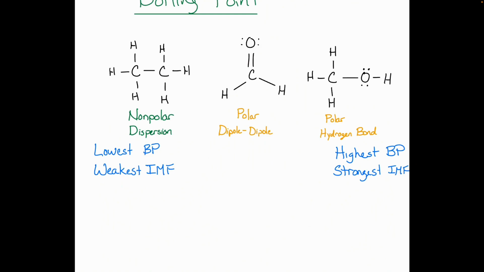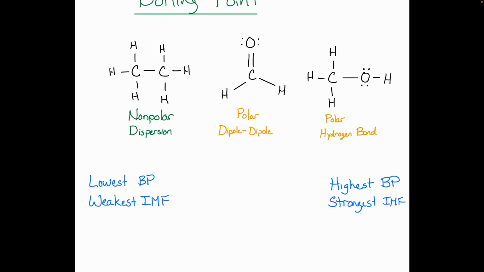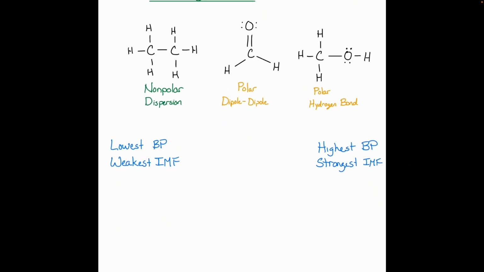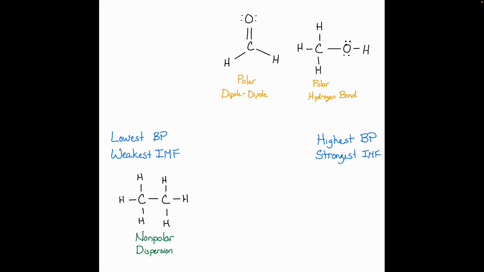All right, so I'm going to try to rank these from the weakest intermolecular interactions to the strongest intermolecular interactions. Which one's going to be the weakest? My dispersion forces. So my lowest boiling point would be this molecule here.